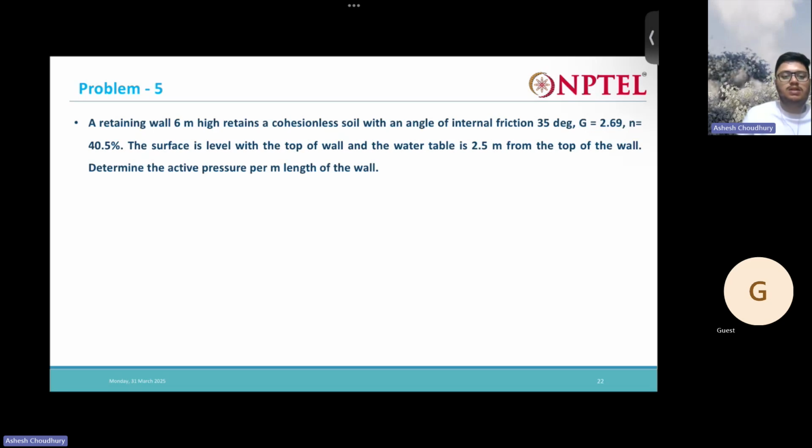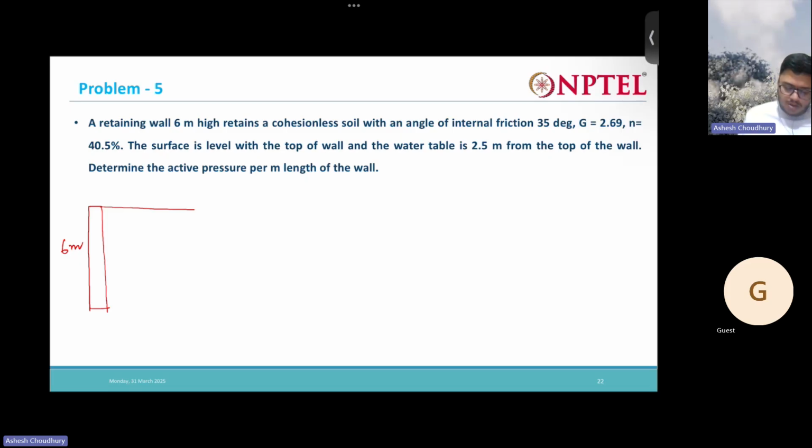The next retaining wall, 6-meter high, retains a cohesionless soil with an angle of internal friction 35 degrees. G is 2.69 and the porosity is 40.5%. The surface is level with the top of the wall and the water table is 2.5 meter from the top of the wall. We determine the active pressure per meter length of the wall. Okay. So a wall like this, which is 6 meters, cohesionless.